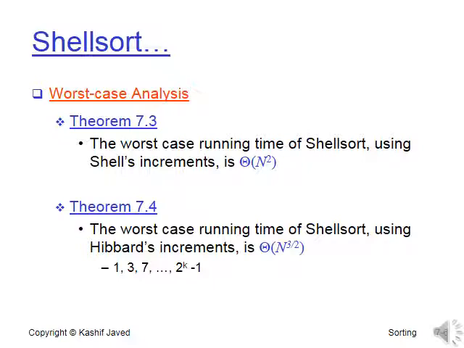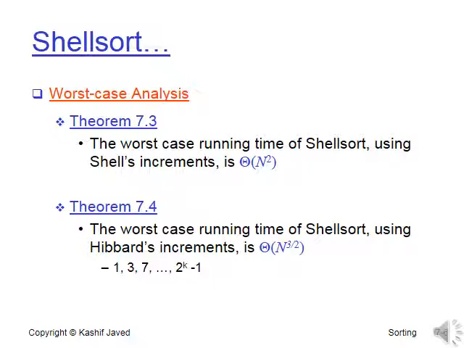Now if we pick Hibbard sequence increments, that are 1, 3, 7, 15 up to 2 to the power k minus 1, the worst case running time of Shellsort is proved by theorem 7.4 in your book to be order n to the 1.5.